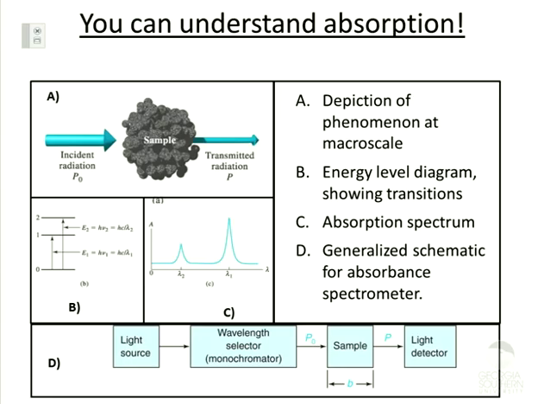Which photon would have the shorter wavelength? The photon that created transition 1 or the photon that created transition 2? Which photon would have the shorter wavelength? 2. Yeah. Why do you say that? Yes. And it needs to have more energy.